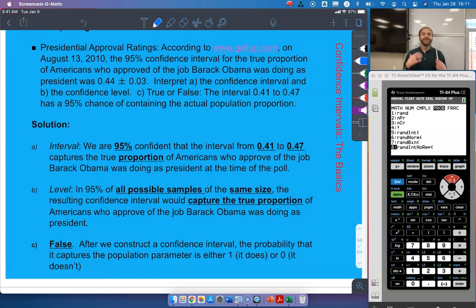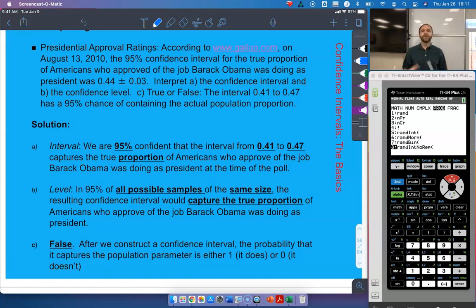Now, if I want to interpret the confidence level, in 95% of all possible samples of the same size, it didn't tell me the sample size there, so I'm going to say just of the same size, the resulting confidence intervals would capture the true proportion of Americans who approved the job President Barack Obama was doing as president.